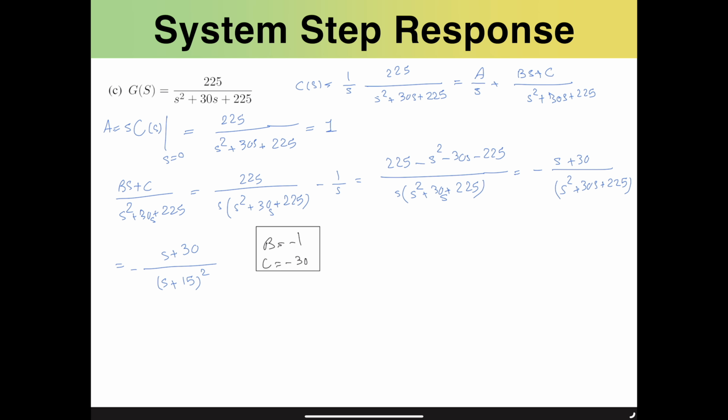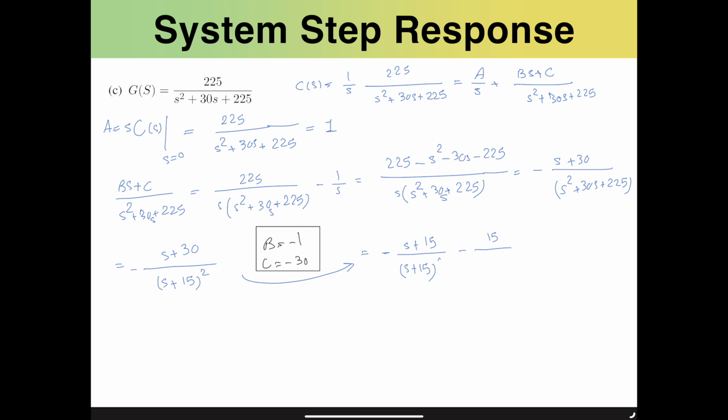And now, furthermore, we can simplify that because we can make s plus 15 in the numerator as well. We just want to get rid of the numerator as much as possible, so I can simply write it down as minus (s + 15 minus 15).